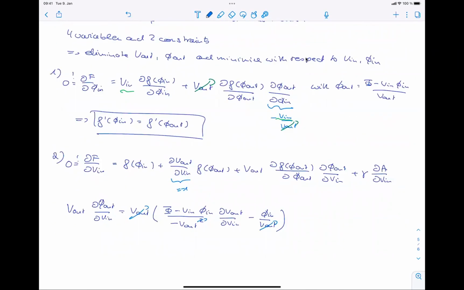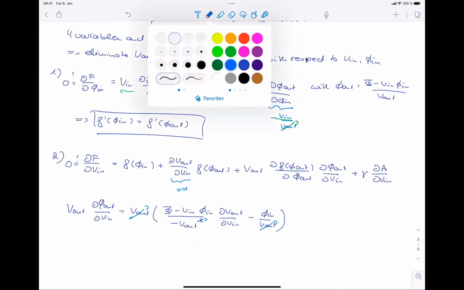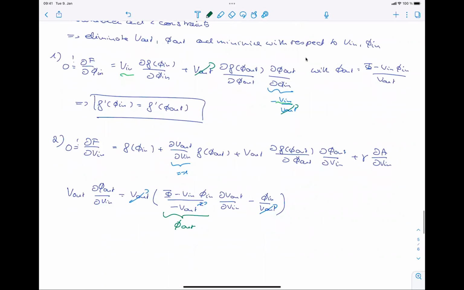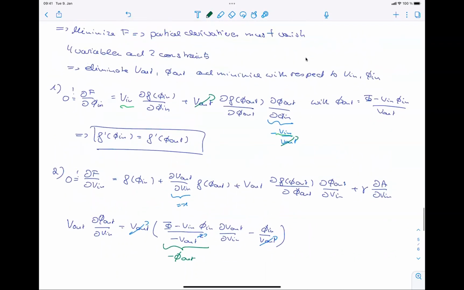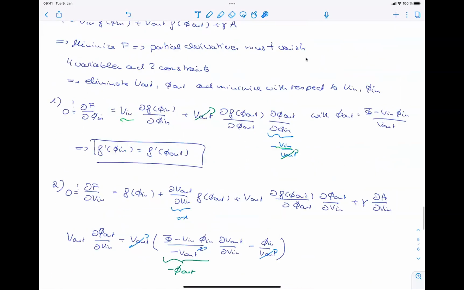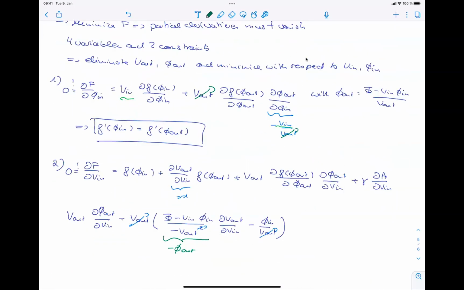So this here is the volume fraction outside and minus the volume fraction outside, and then V_out as a function of volume inside is minus volume inside, so taking the derivative gives a minus 1.